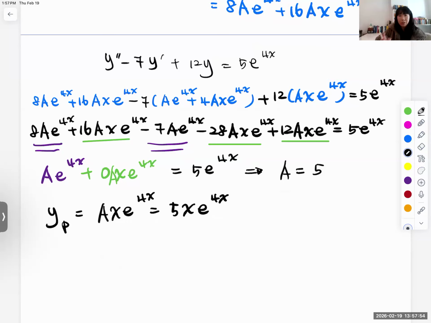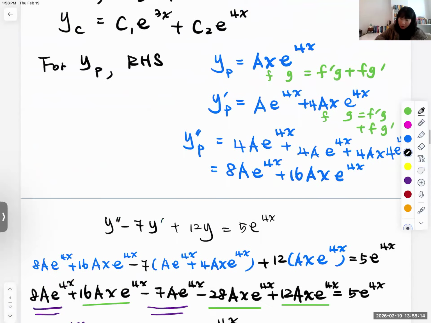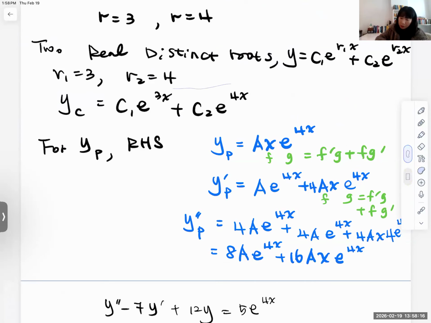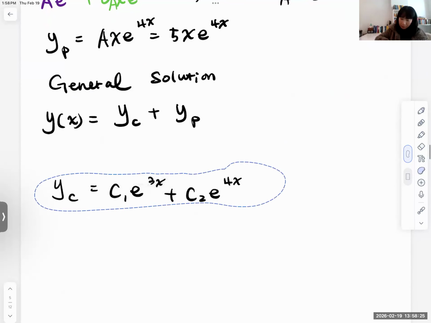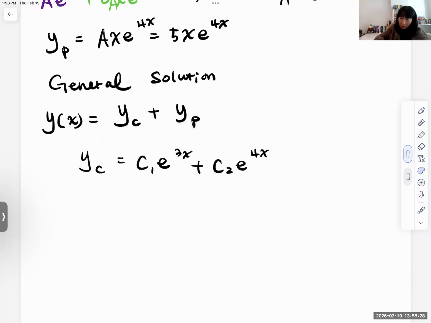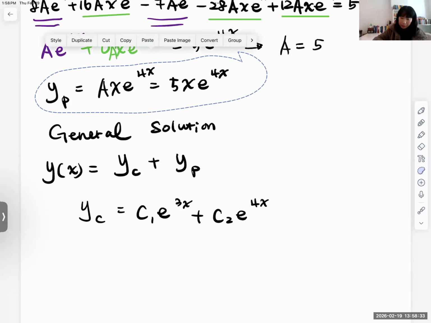So y of x equal to complementary solution and then particular solution. The complementary solution will be this, like earlier, the previous example, and the particular solution we have like that.